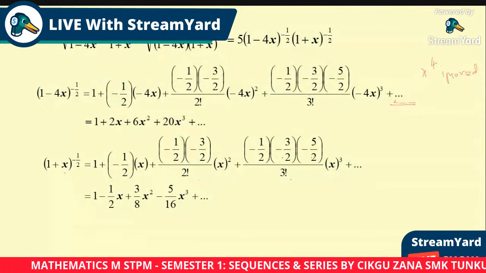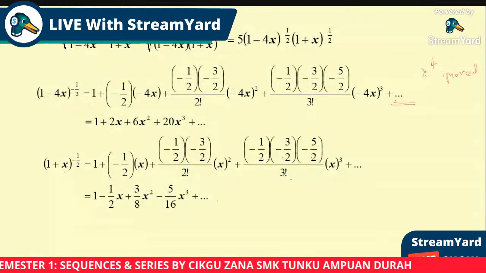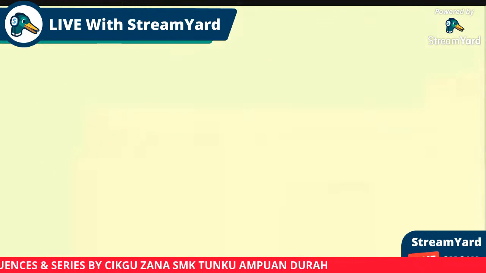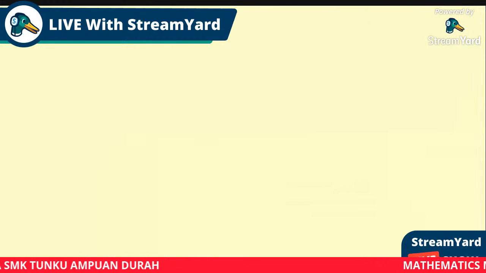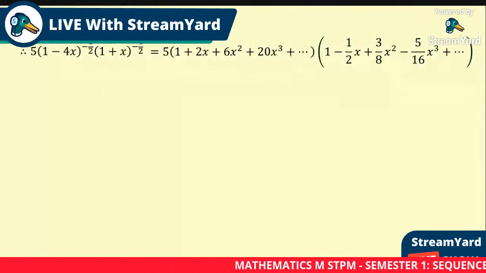Once you already got the final until x cubed, then we can multiply the two expansions. This is what students say they don't like, but actually it's easy.